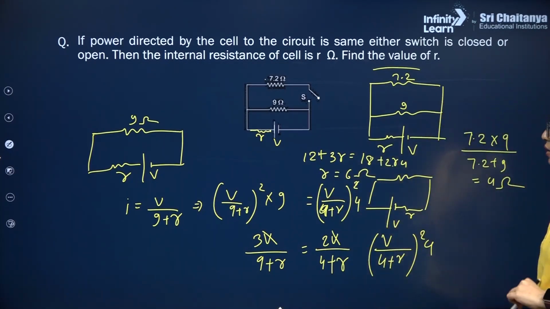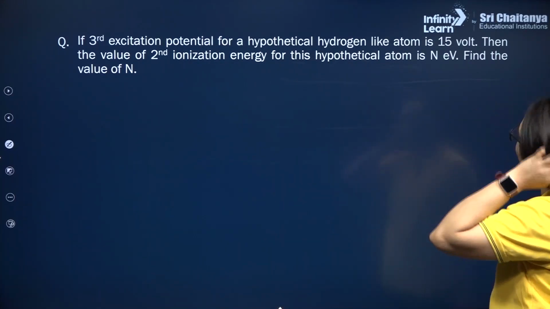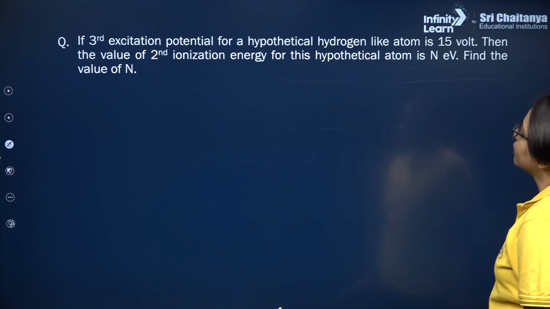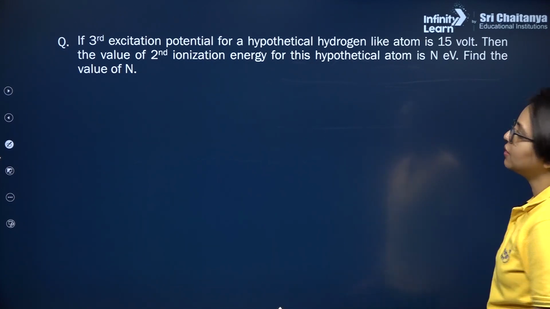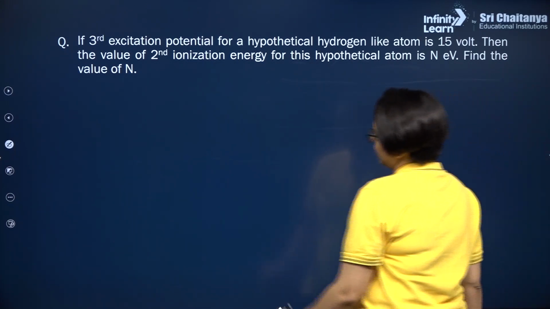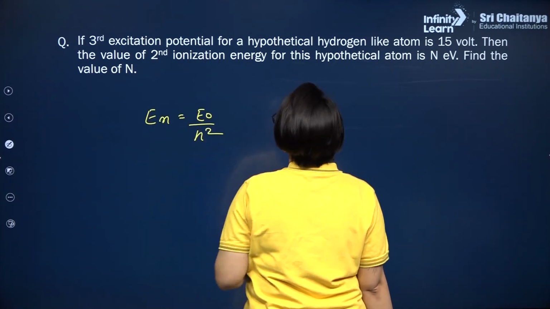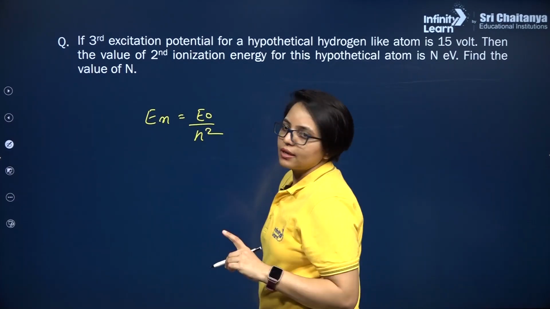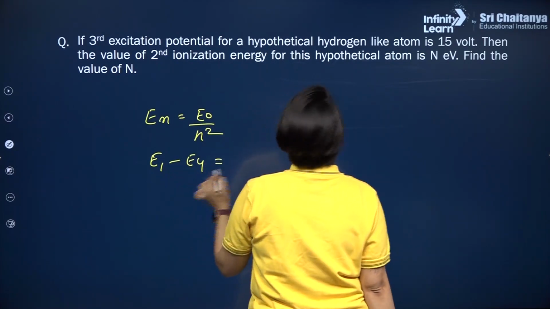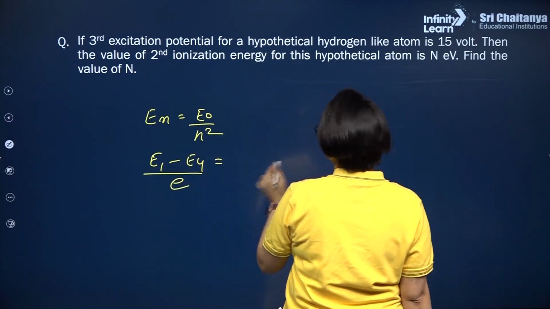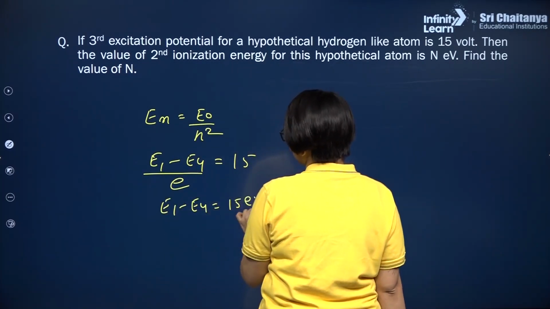R is 6 ohm. Next is: if the third excitation potential for a hypothetical hydrogen-like atom is 15 volt, then the value of the second ionization energy for this hypothetical atom is n electron volt. Find the value of n. So over here, En is given as E naught upon n square. For the third excitation potential, that means n is 4. So in this case, E4 minus E1 divided by e is given as 15. So E4 minus E1 is 15 electron volt.